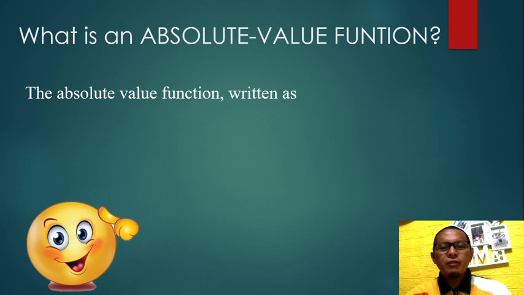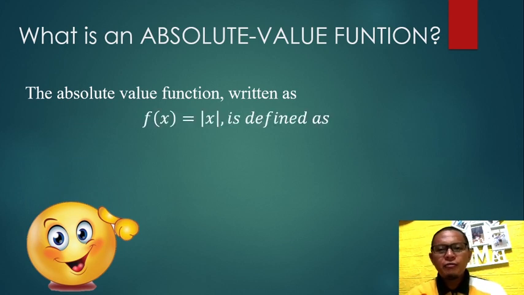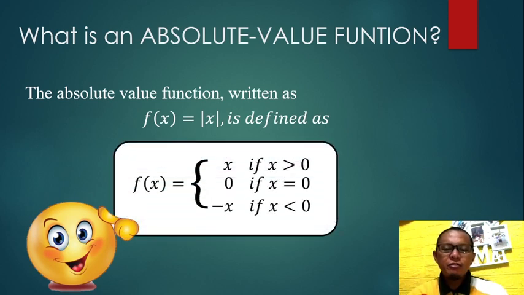The absolute value function, written as f of x is equal to the absolute value of x, is defined as: if x is greater than 0, then f of x is equal to x. If x is equal to 0, then f of x is 0. And if x is less than 0, then f of x is negative x.